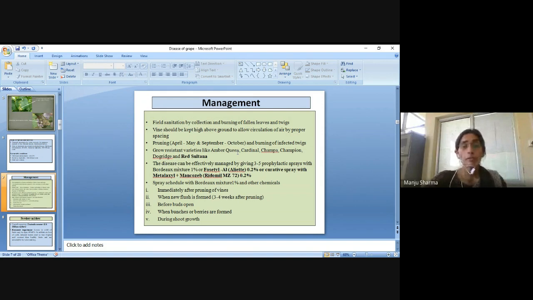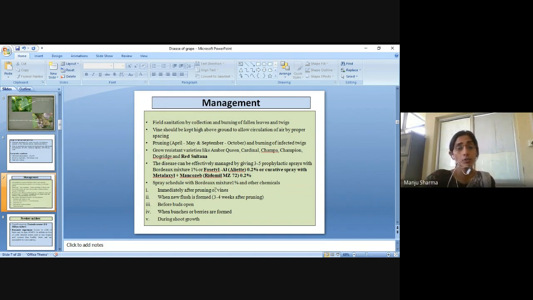The disease can be effectively managed by giving 3 to 5 prophylactic sprays with Bordeaux mixture 1%, or Fosetyl-Al 0.2%, or curative spray with metalaxyl and mancozeb, that is Ridomil MZ 72 0.2%.